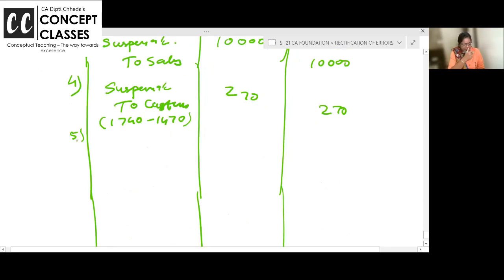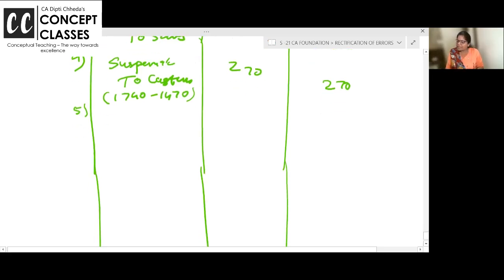Fifth one. A vehicle bought originally for 7,000 4 years ago and depreciated 1,200 has been sold for 1,500, but no entries recorded other than in the bank account. In the bank, 1,500 rupees have come. Okay. Now let us do some working.